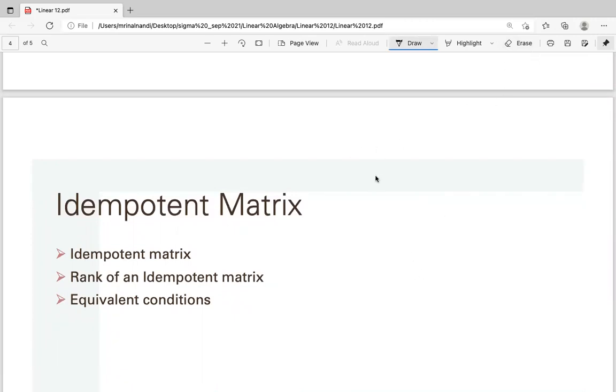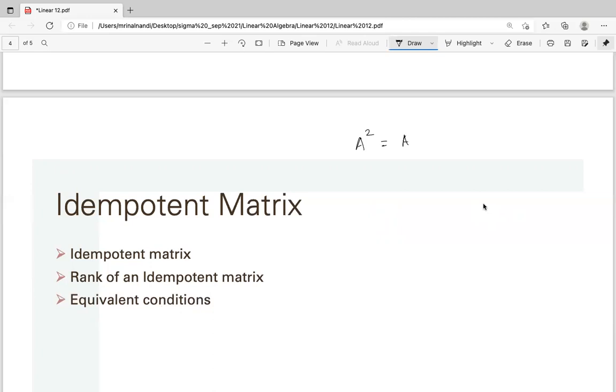Now, you already see that the projector and the idempotent matrix are closely related. Actually, they are very closely related. An idempotent matrix is A square equals A. A projector is an idempotent matrix. The projection is the concept of the transformation on vectors, x goes to Ax. But idempotency of a matrix needs no vector space.